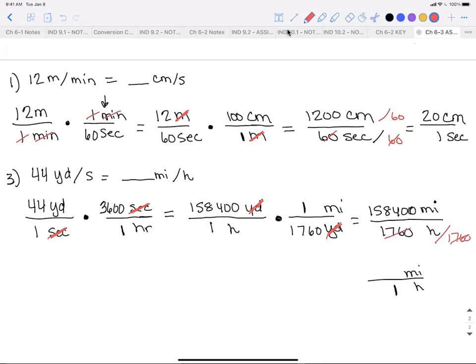I'm going to show you the long way around this too, just in case this confuses you. So I'm going to divide my big number by 1760, and I get 90. So 90 miles in 1 hour is the same as 44 yards in 1 second.